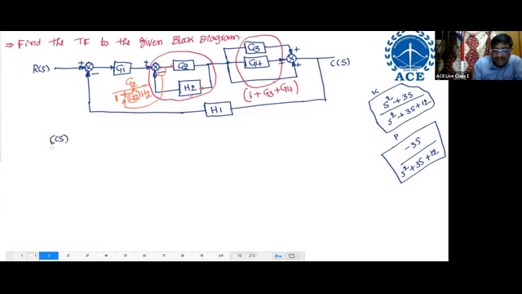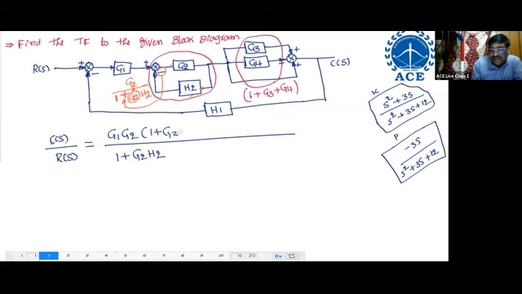C of S by R of S equals G1 into G2 by 1 plus G2H2, into 1 plus G3 plus G4. This is just the product of all the series blocks. Now all these three blocks, along with H1.